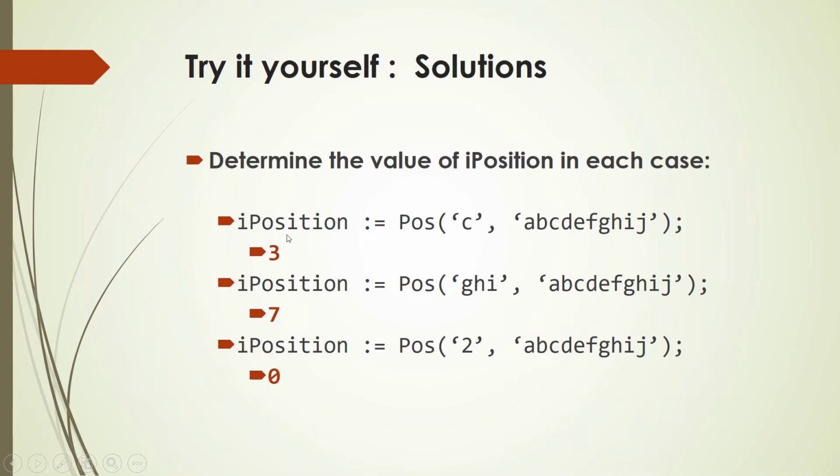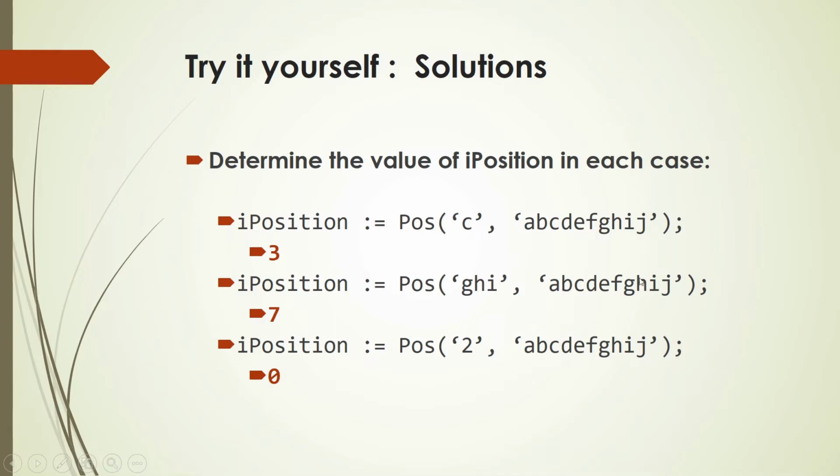So in the first example, I'm finding the position of the letter C. In this string literal, C is found 1, 2, 3. So it's found in position 3. In the next example, I'm finding the position of a substring. And remember, it'll give me the first character of the searched substring. So G is found at 1, 2, 3, 4, 5, 6, 7.